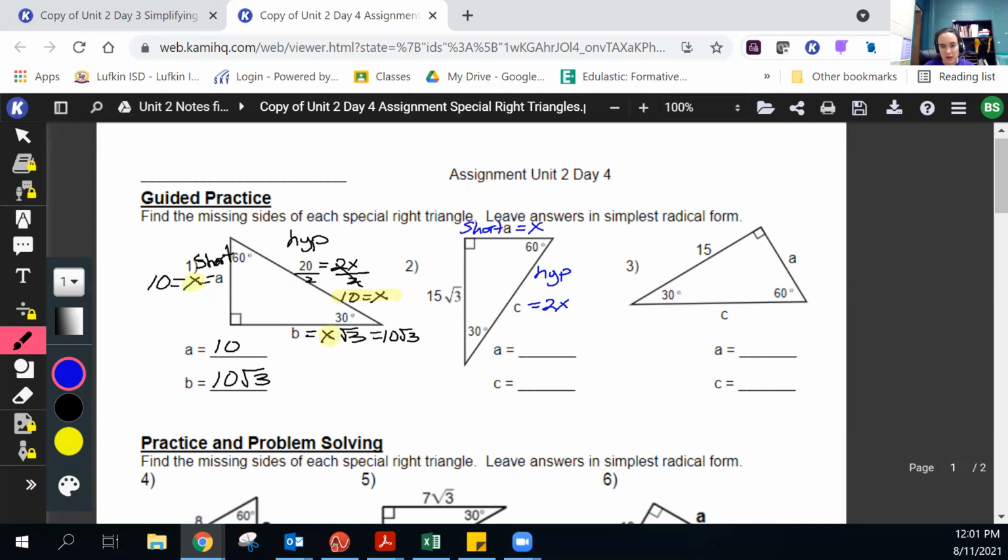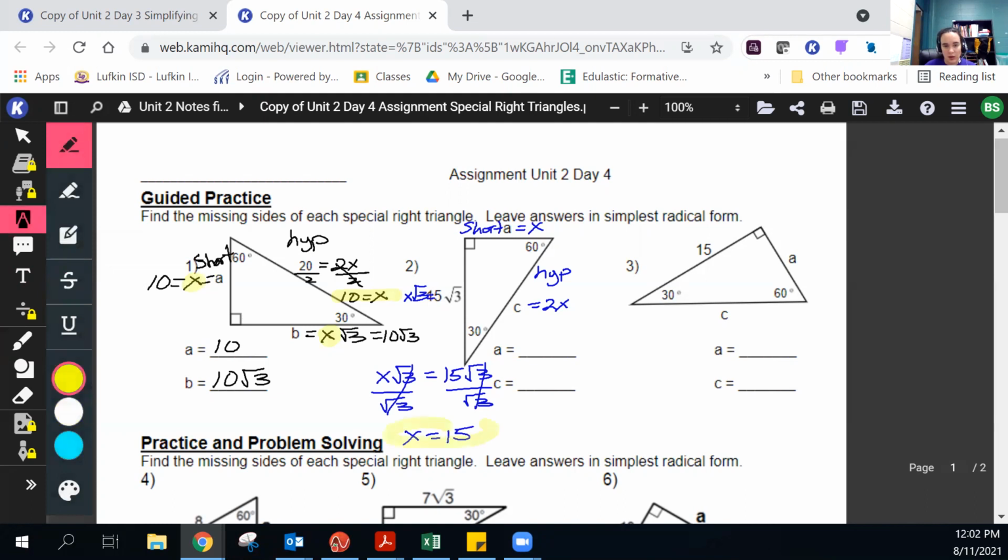That means this 15 square root of 3 is our middle length side, and it's x times the square root of 3. So we've got x times the square root of 3 equaling 15 square root of 3. When you solve for x, we divide both sides by the square root of 3. The square root of 3 cancels out on both sides, so that leaves us with x equaling 15.